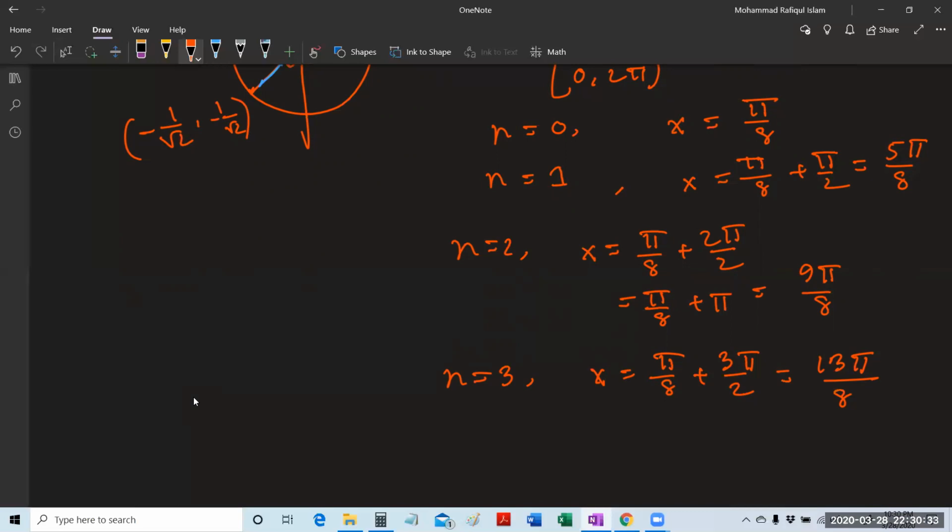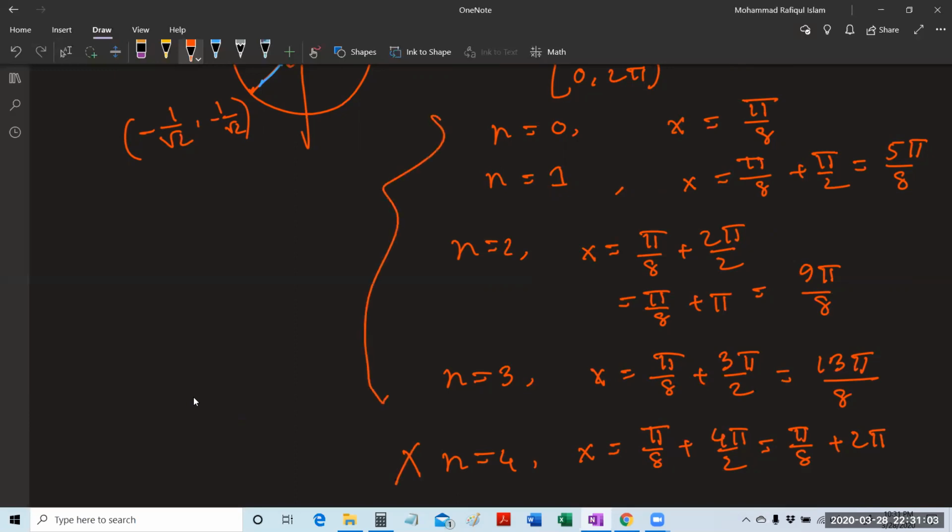Now, if we consider n equals to 4, we'll get x equals to pi over 8 plus 4 pi over 2, which is pi over 8 plus 2 pi. We don't need to calculate this addition because it's already beyond the range, because our angle has to be between 0 to 2 pi. We cannot go further.